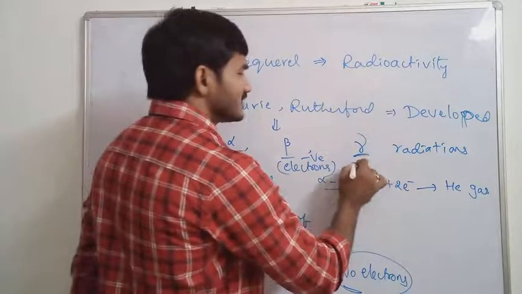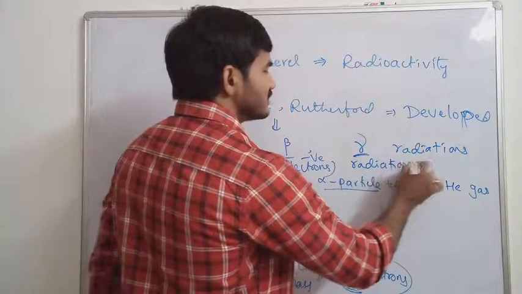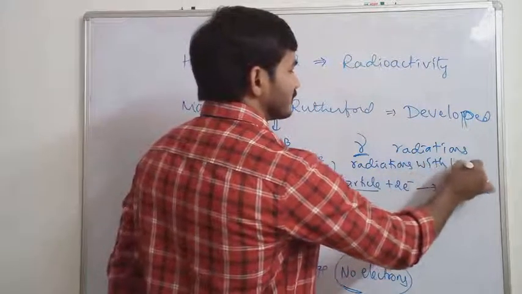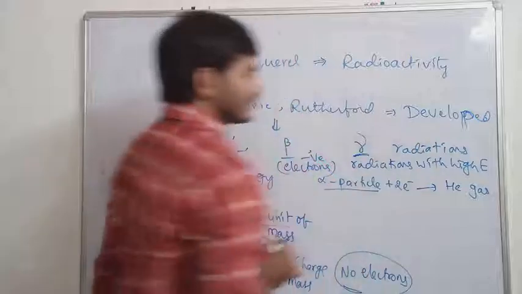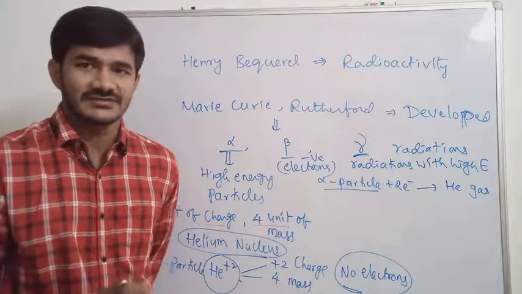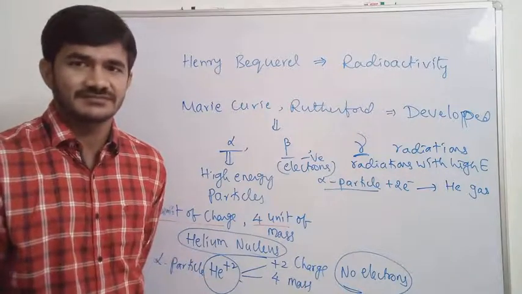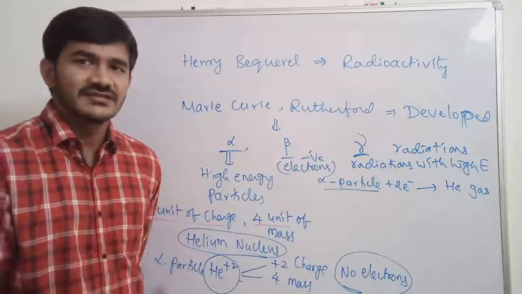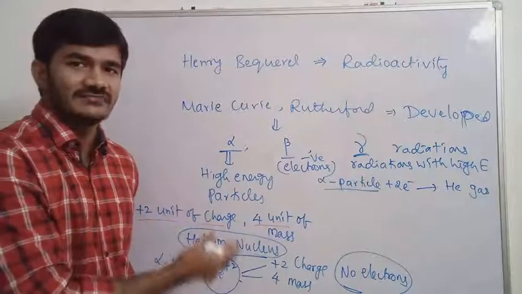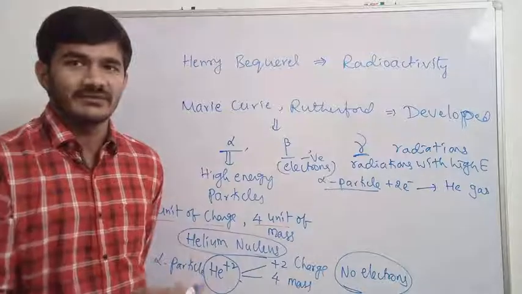And gamma radiations are just radiations with high energy. Gamma radiations are not material particles; they are just like X-rays. They are not material particles like alpha and beta, but they have more penetrating power.